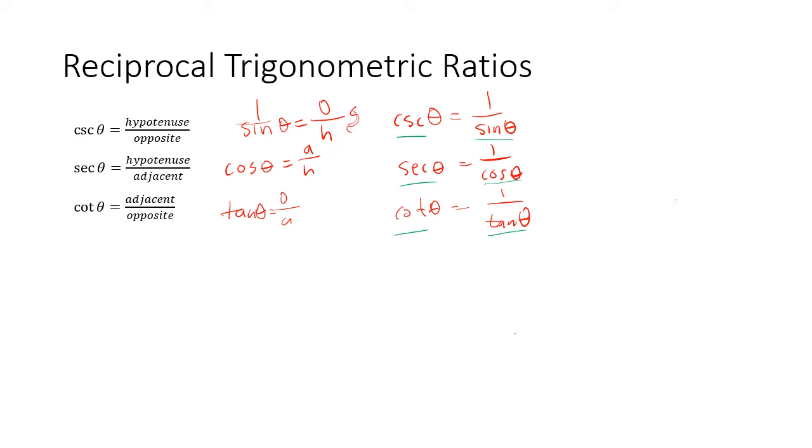And it turns out that there will never be a problem in analytic trigonometry where it requires the use of cosecant, secant, or cotangent to solve a problem, because we will always have sine, cosine, and tangent anyway. So that begs the question, why do we need them?